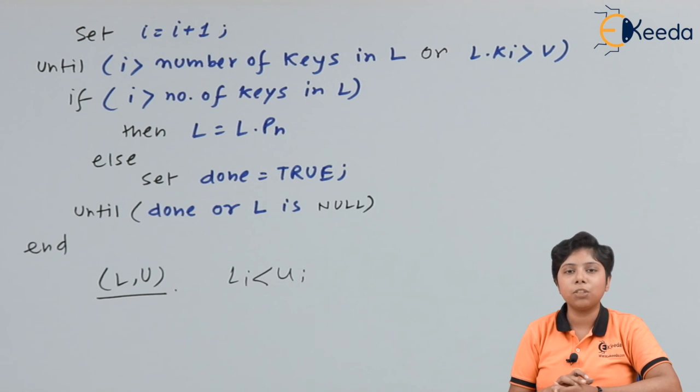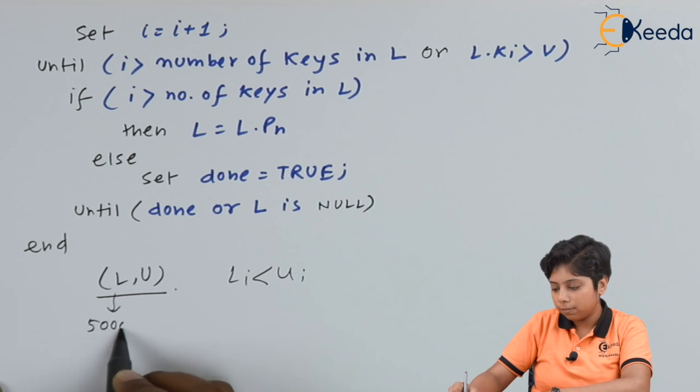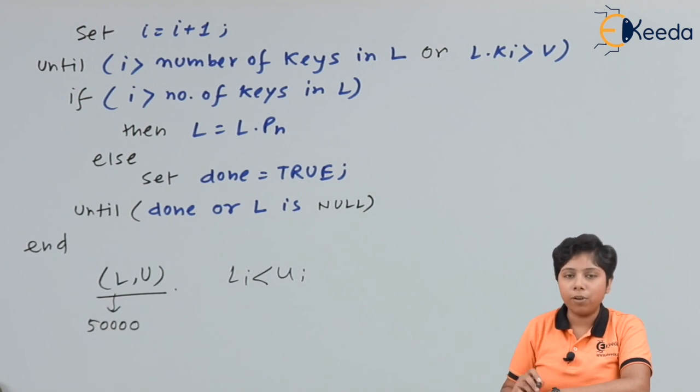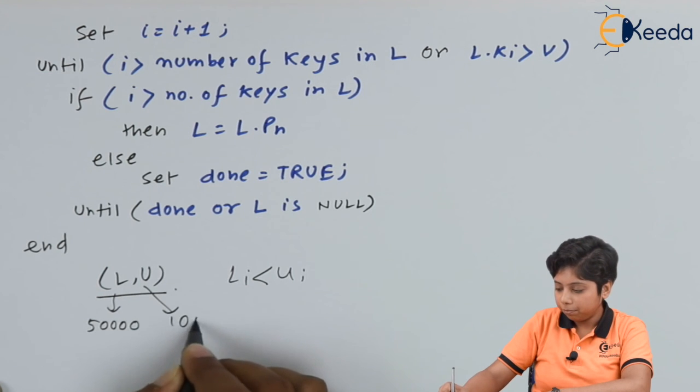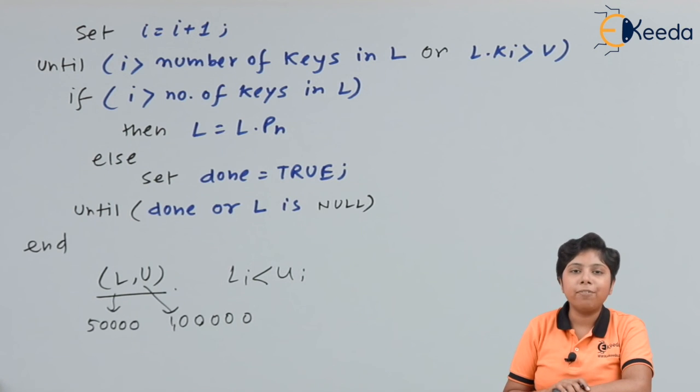So first it will search for this L. For now it is 50,000 and for U it is 1 lakh. So we have this 50,000 and 1 lakh as our range, and it satisfies that 50,000 is less than 1 lakh. So how can we do that?